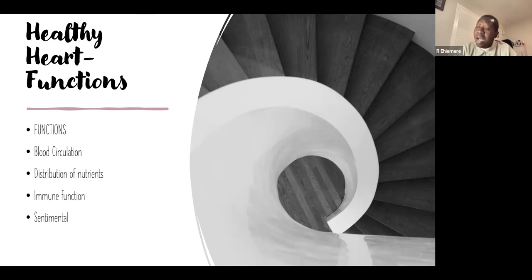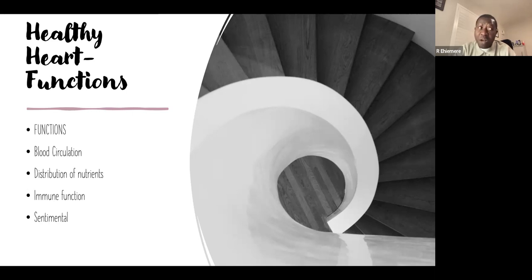If on average your heart is beating even 50 times per minute, that means in about an hour, you've got about 3,000 beats.